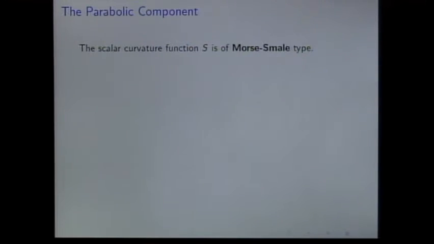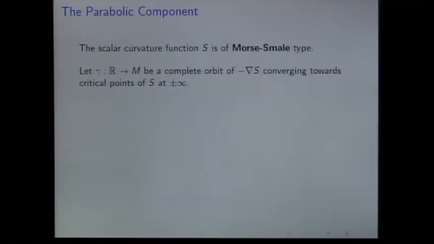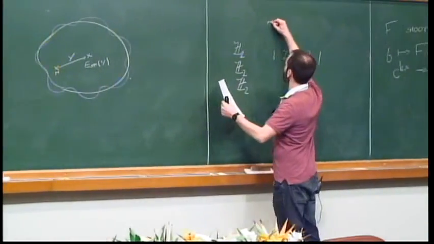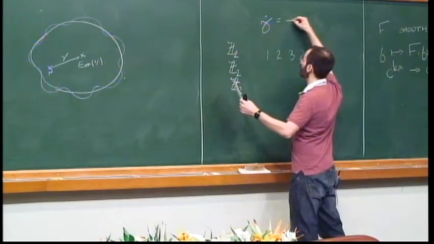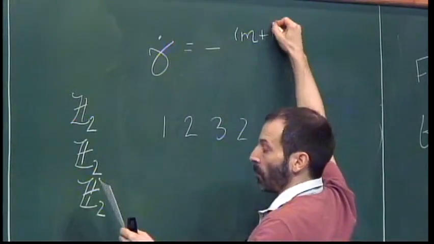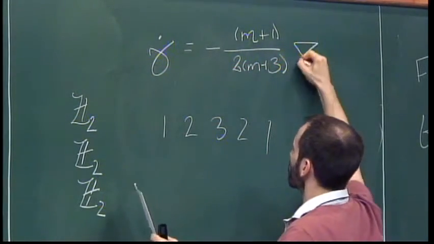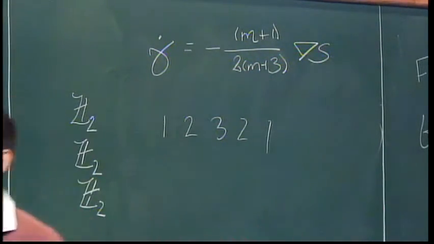Okay. So we're now going to do the whole thing again in the parabolic world. Now, we let gamma be a complete orbit of the gradient flow of S. Actually, I made a little mistake. You have to rescale things slightly. You actually require that the derivative of gamma be equal to minus (m plus 1) divided by (2m plus 3) times the gradient of S. Small difference.